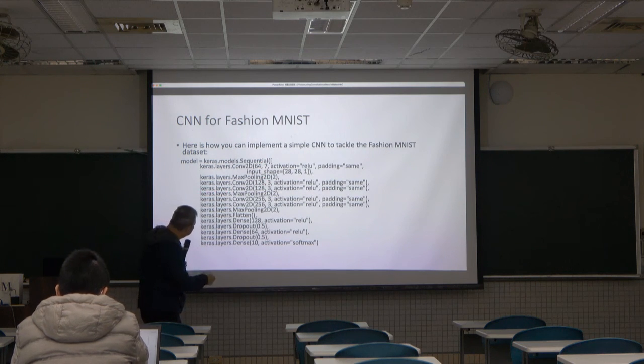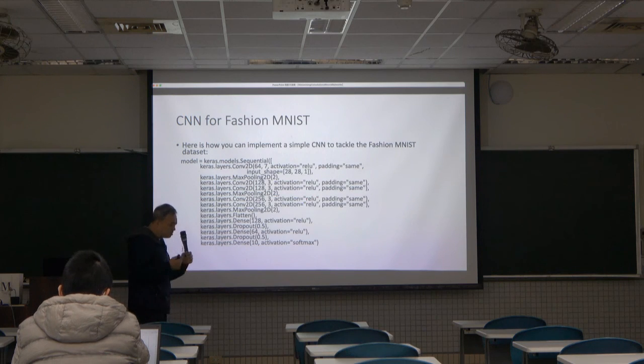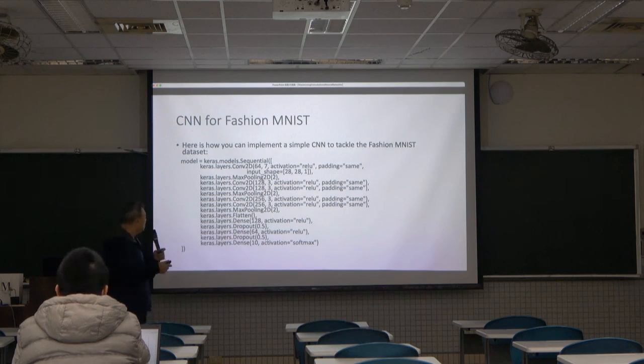We stack up these 2 convolutional layers and then apply MaxPooling again to further shrink the width and height. Then we have another 2 convolutional layers, with the same padding, and we increase the feature maps to 256, with kernel size 3.